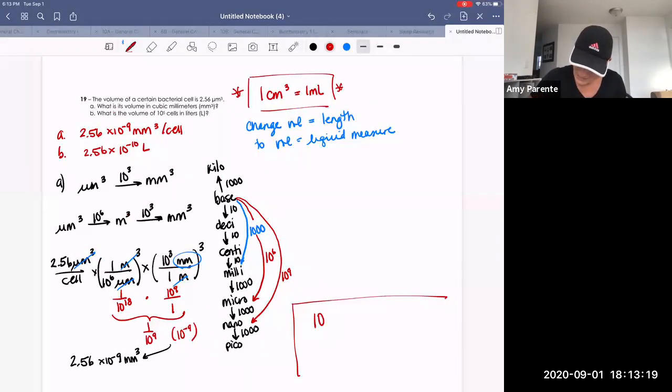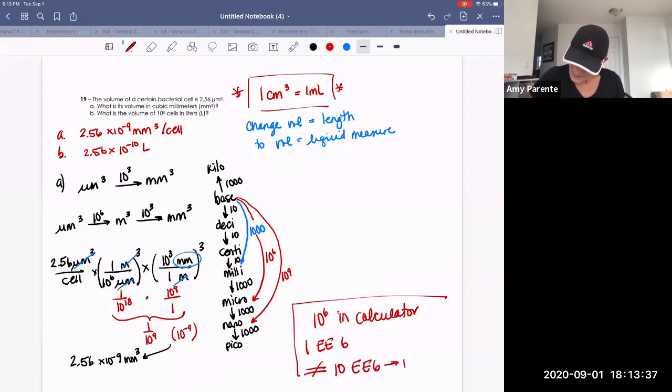If you've got 10 to the 6th that you want to put in your calculator, what you'll type in is 1 EE 6. You do not want to put in 10 EE 6, because that is 10 times 10 to the 6th, which is really 10 to the 7th.